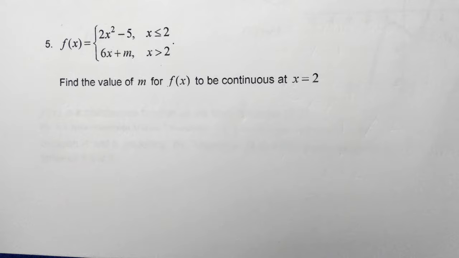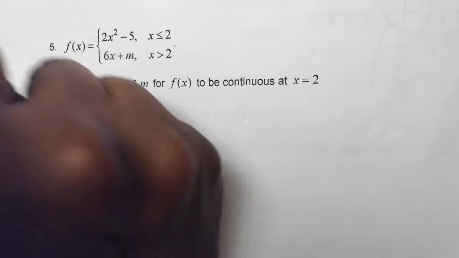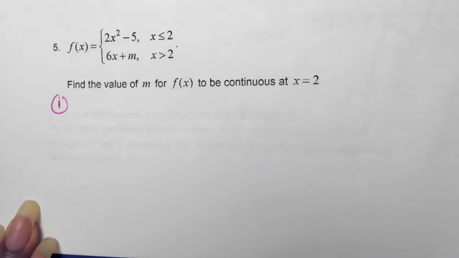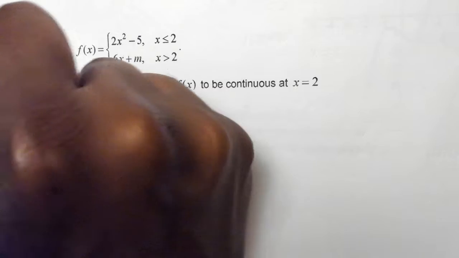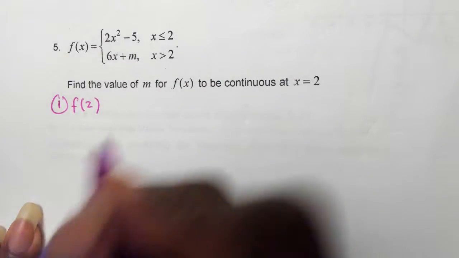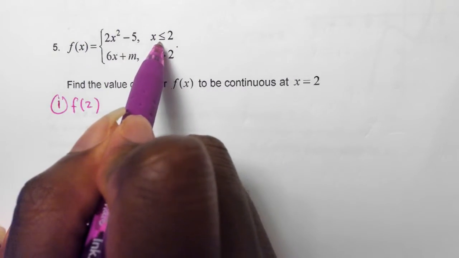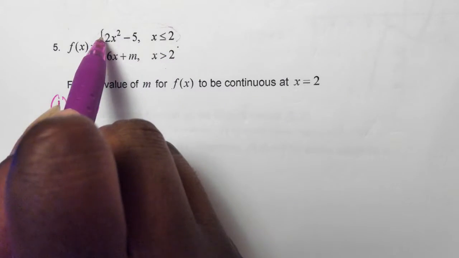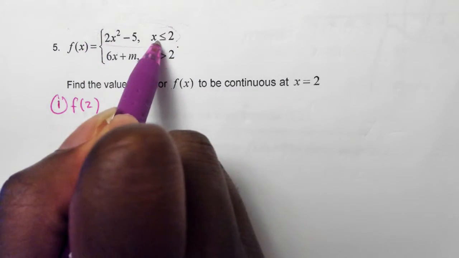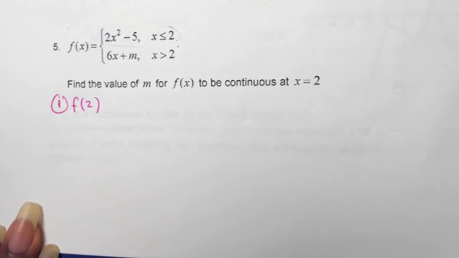Okay, so for example number 5, our steps are still the same. Our first step is to determine what f of 2 is. Luckily for us, f of 2 will occur in our first equation, where x is equal to 2.